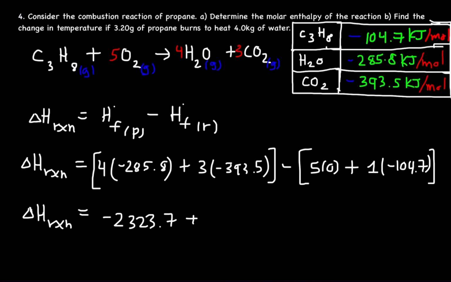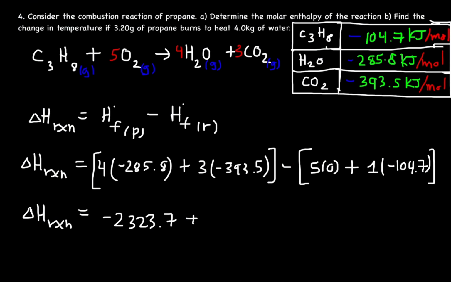So the enthalpy change of the reaction is negative 2219 kilojoule. So that's the enthalpy change of this reaction. And this makes sense because combustion reactions are exothermic reactions, so you're supposed to be getting negative numbers, and if you don't get a negative number, then you need to check your work.